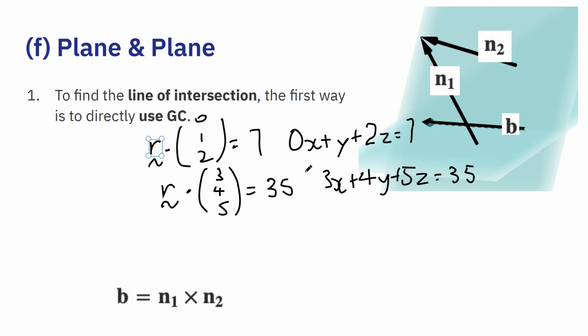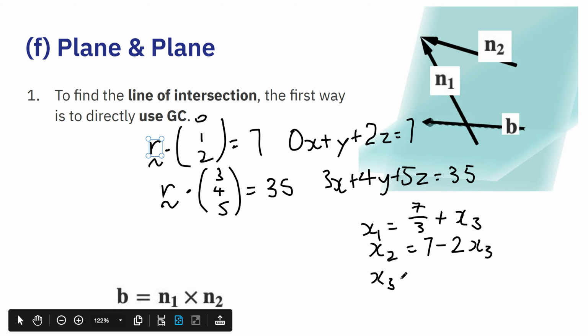Now we see that we have two equations and three unknown variables. So we key this into the polysimult function in our calculator to solve two linear equations and three variables, and our output will look something like this. x1 equals 7/3 plus x3, x2 equals 7 minus 2x3, and x3 equals x3.